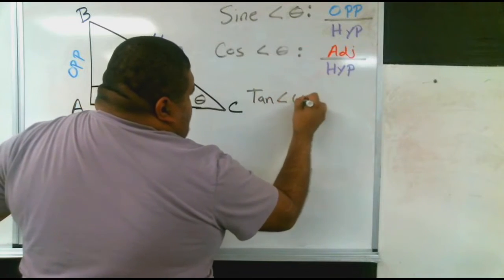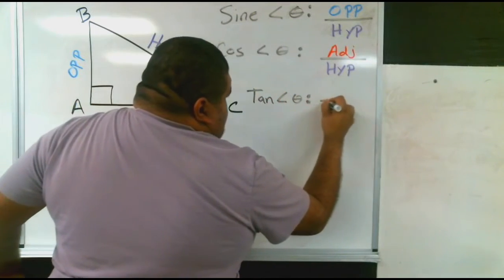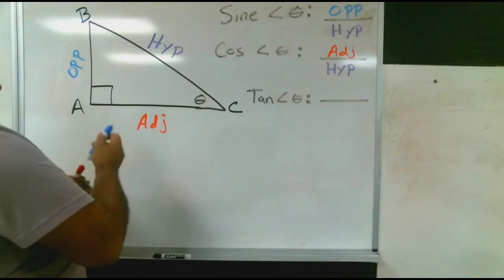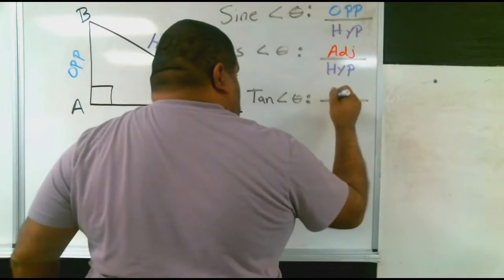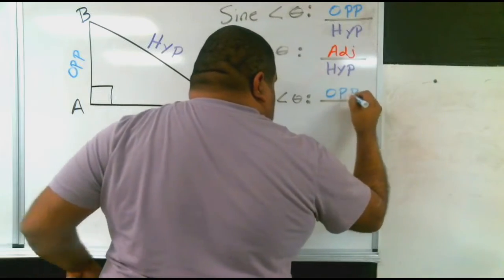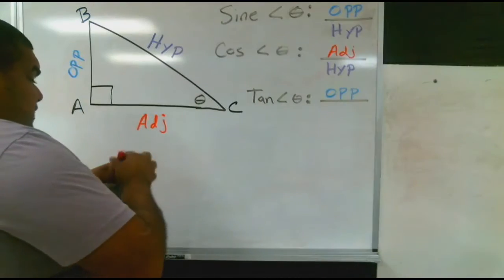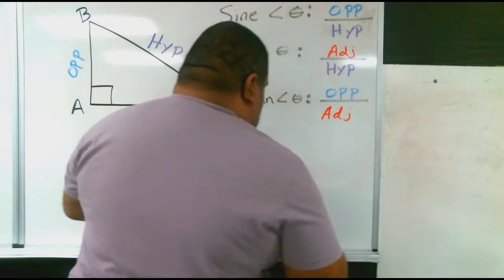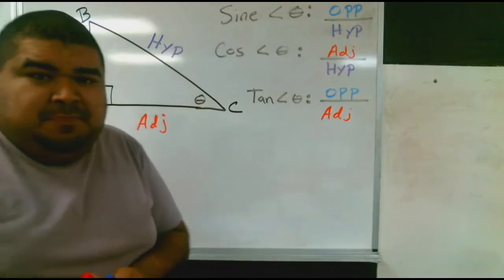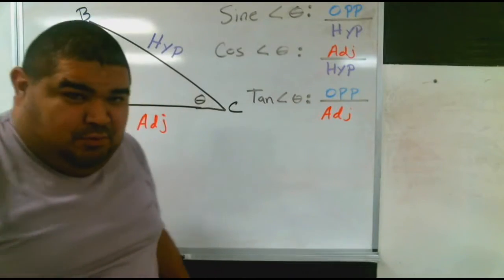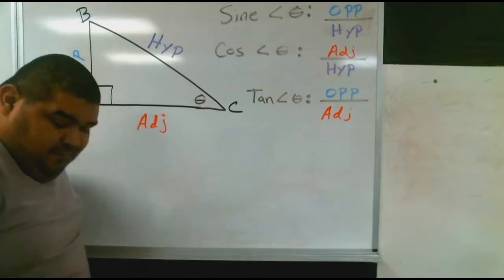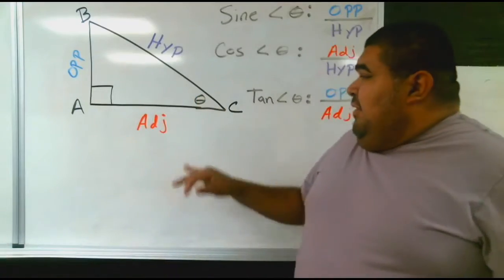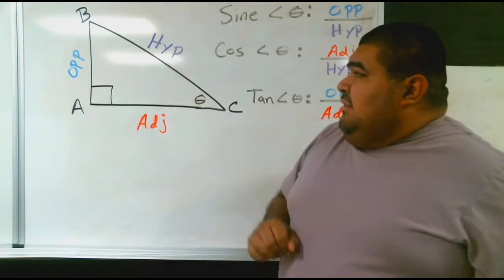Tangent of angle theta is opposite over adjacent. Make sure you have all three rules, and make sure you have our triangle labeled with all three sides.